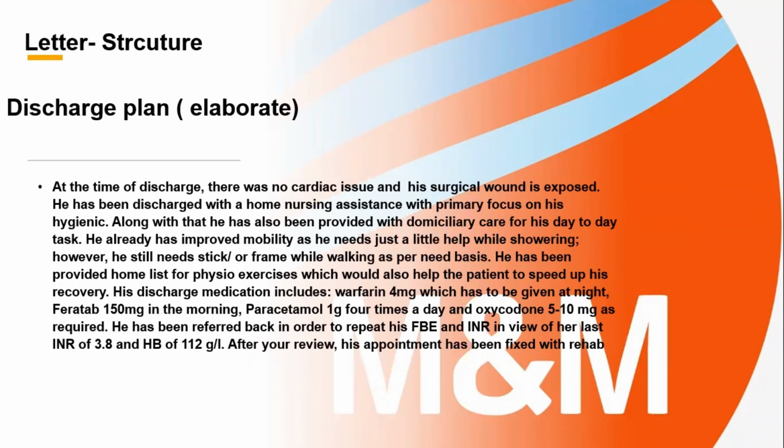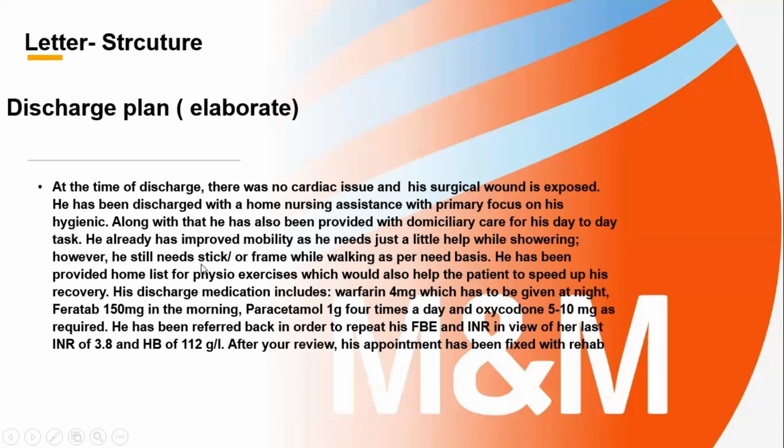Now, the discharge plan can be written in expansion. Let's say, at the time of discharge, there was no cardiac issue, and his surgical wound was exposed, and he has been discharged with home nursing assistance with primary focus on his hygiene. Along with that, he has also been provided with domiciliary care for his day-to-day tasks, as he has improved mobility and needs just a little help with showering.